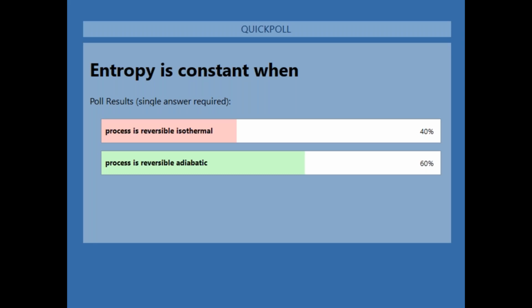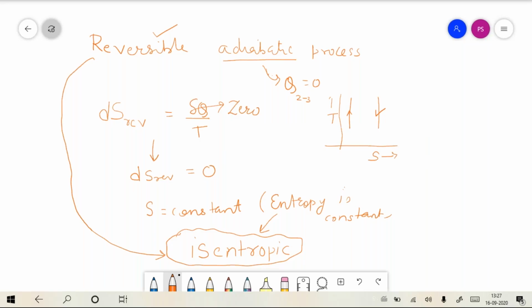So let me hide the response. Okay. A related question, and this is based on the discussion which we had recently.